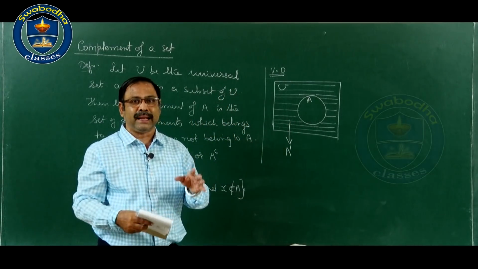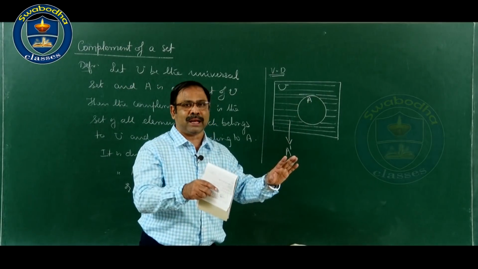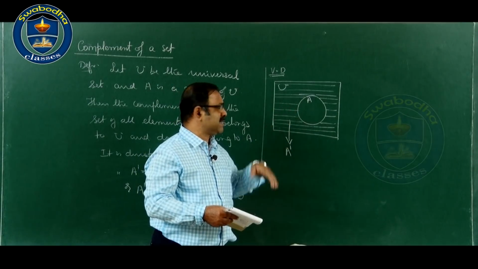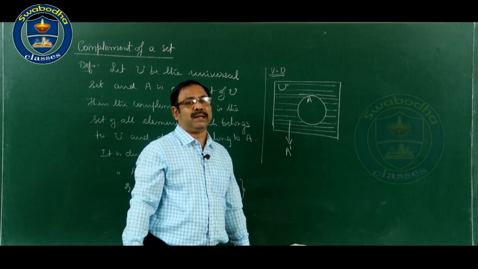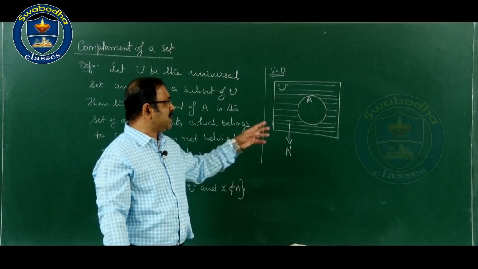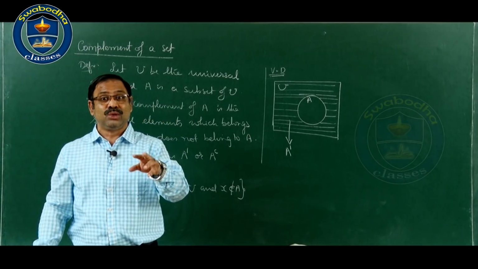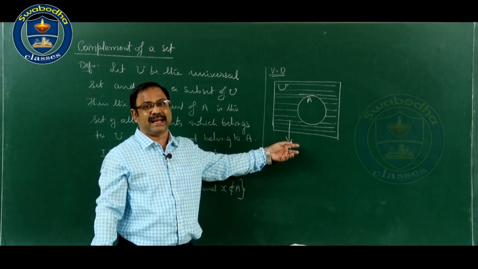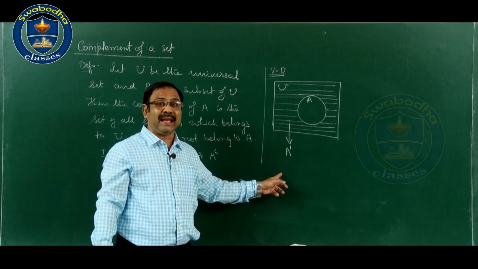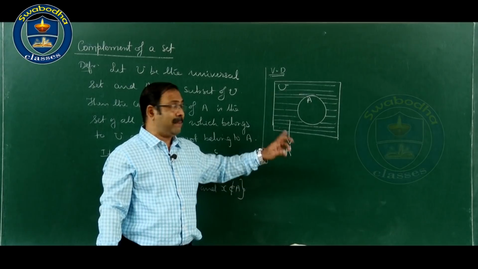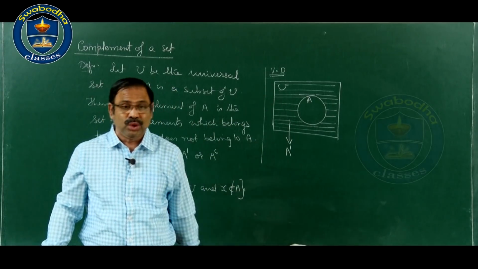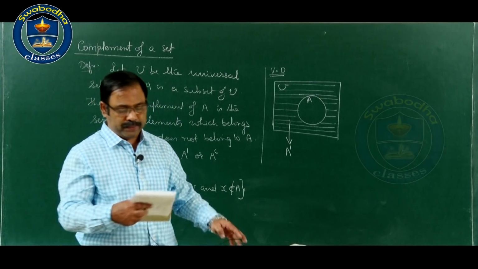The elements should not be in A, but should be in U. So, U minus A is the complement of A. The difference between two sets A and B is the elements which are in A but not in B, whereas the complement is defined with respect to the universal set U.